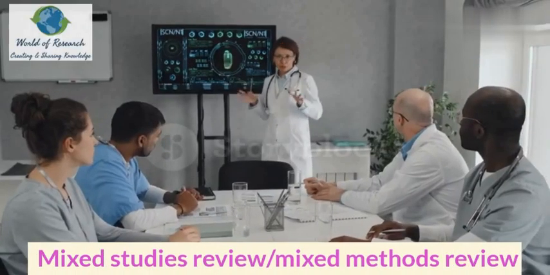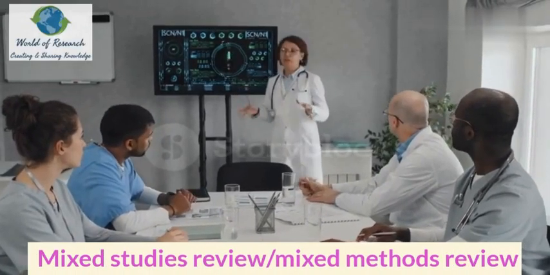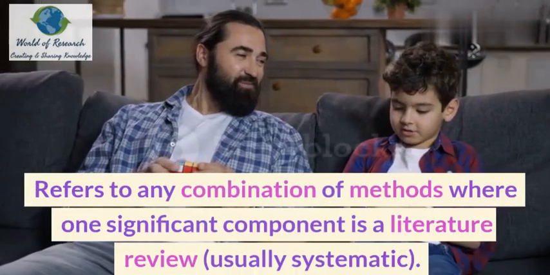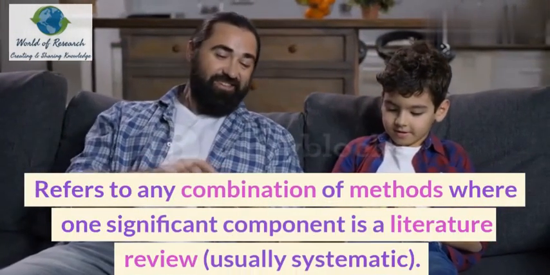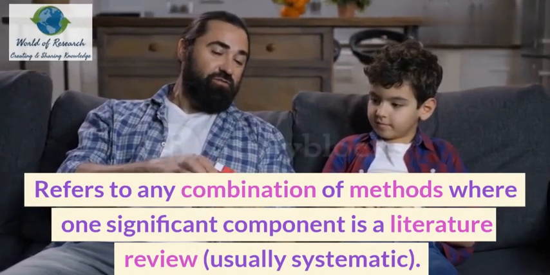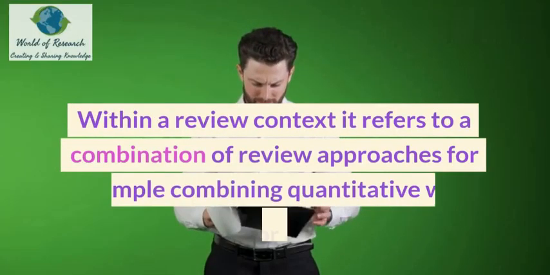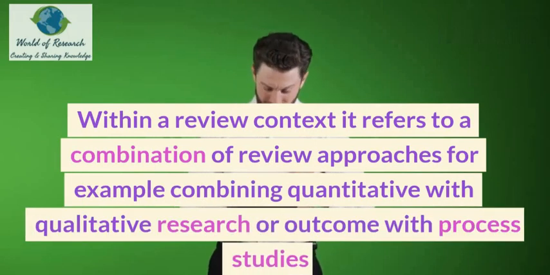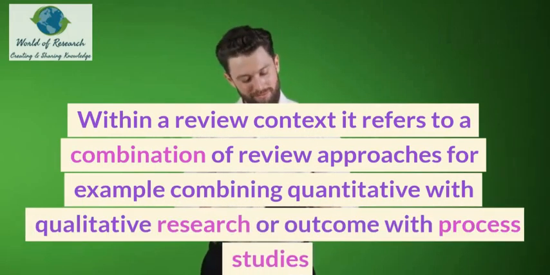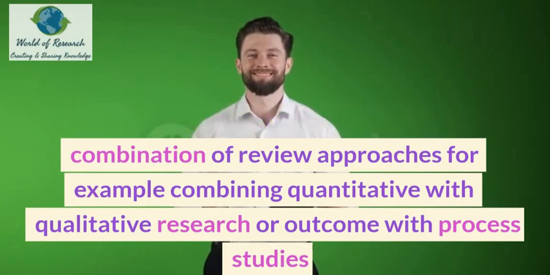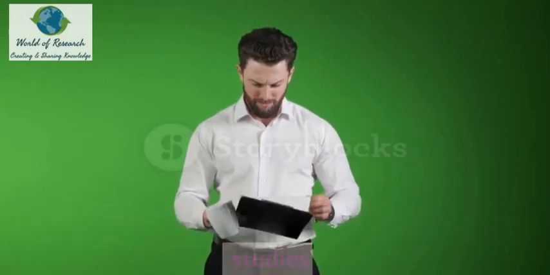Mixed studies review or mixed methods review. This refers to any combination of methods where one significant component is a literature review, usually systematic. Within a review context, it refers to a combination of review approaches, for example, combining quantitative with qualitative research or outcome with process studies.